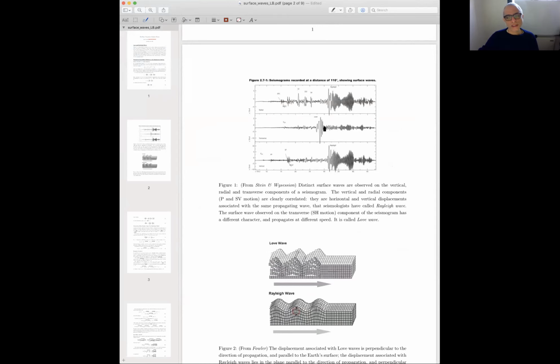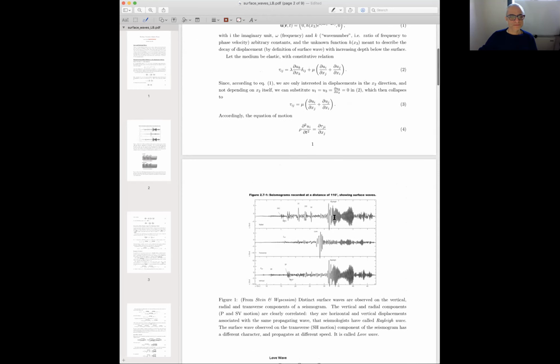But what I'm going to try to do today is to give you a feeling of how math can help us to predict the existence, to demonstrate that these waves should exist. And I will do that for the simple case of the Love wave alone.